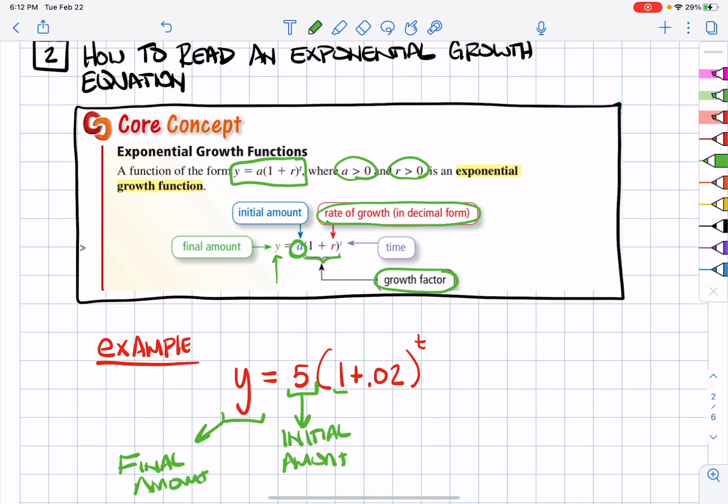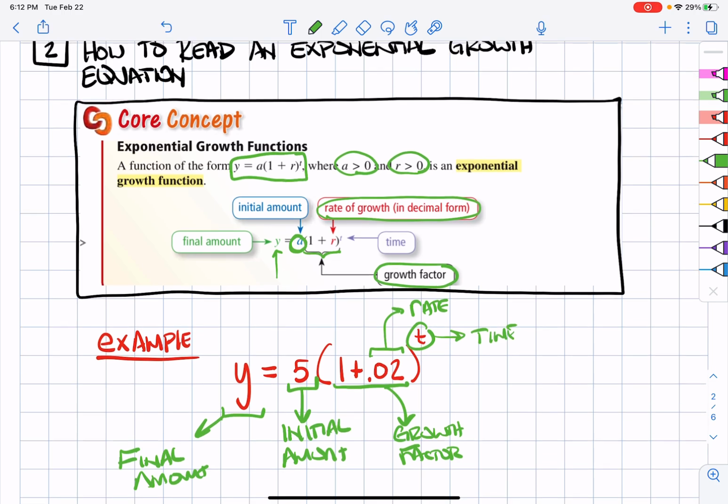The 1 plus 0.02, all of that together, is the growth factor. But to dive in a little deeper, the 0.02 is my rate expressed as a decimal. And of course, t is just your time, and time is usually measured in years.